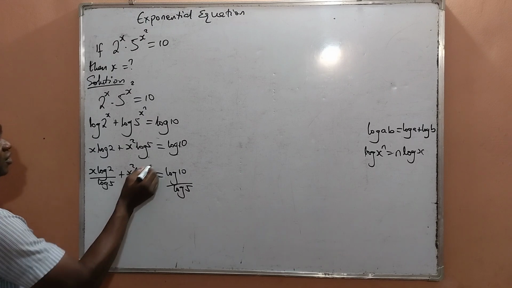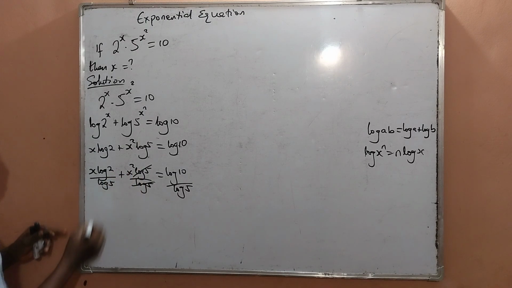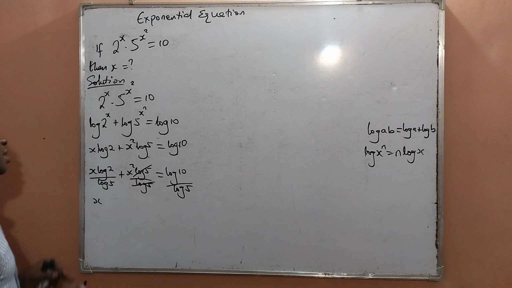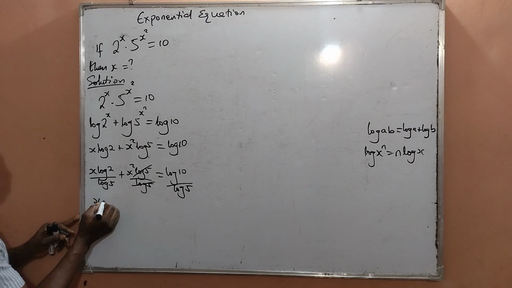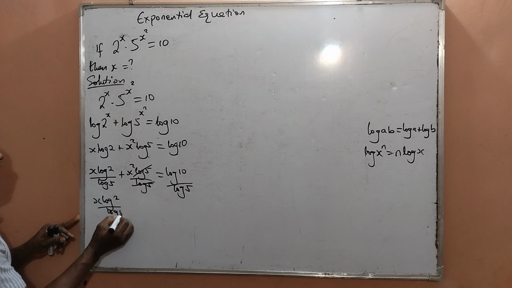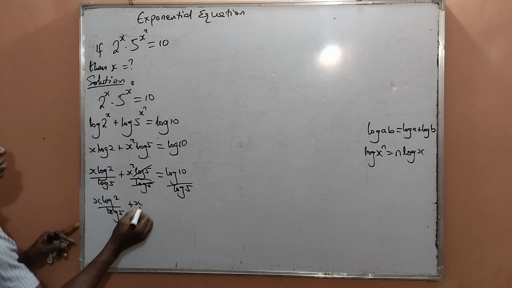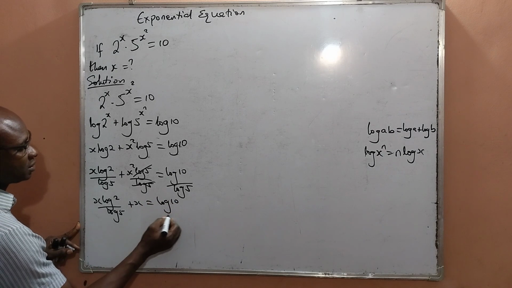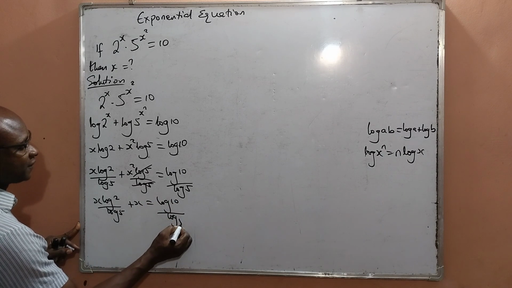You can now see that log 5 will cancel log 5, giving me x log 2 over log 5 plus x squared then equal to log 10 all over log 5.